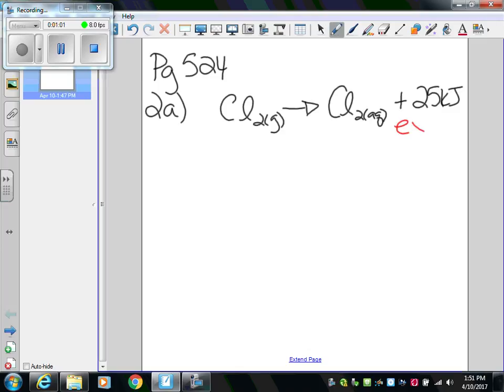And we know it's exothermic because the energy is found on the right-hand side, which means it's being released. So if I have an exothermic reaction and I increase the temperature, it's going to shift to the right. This exothermic causes a shift to the right.